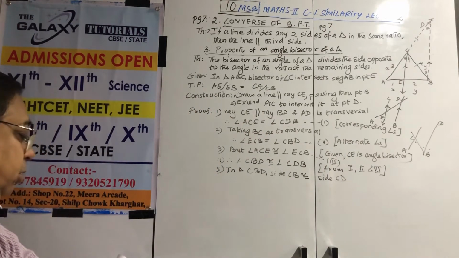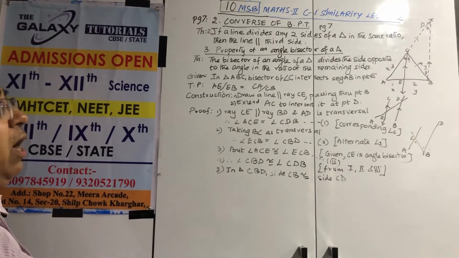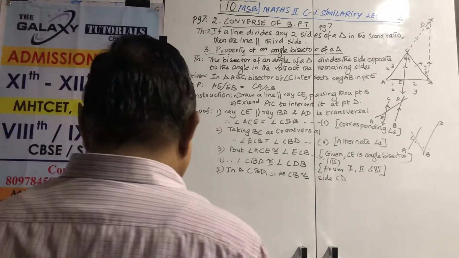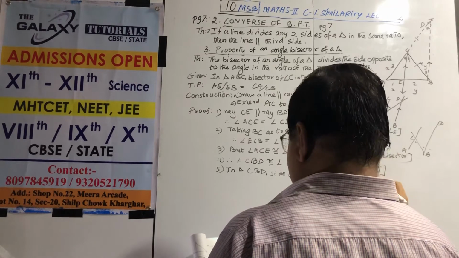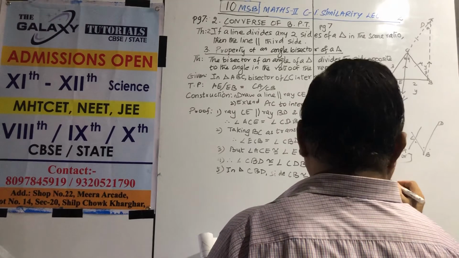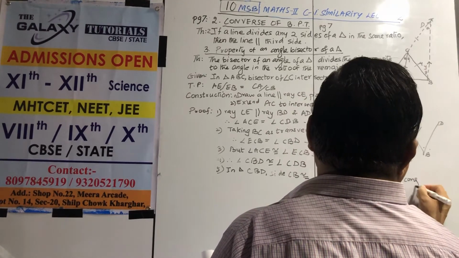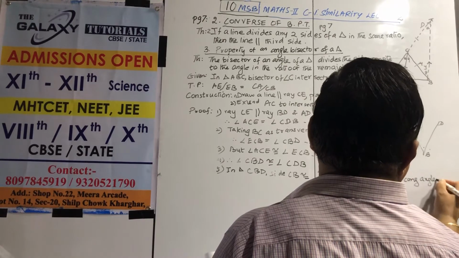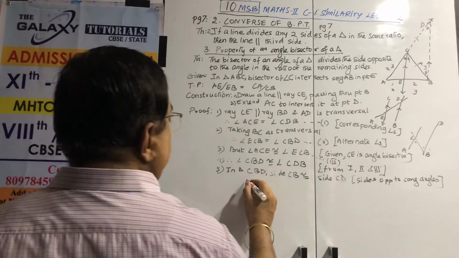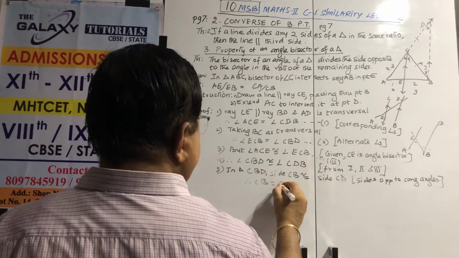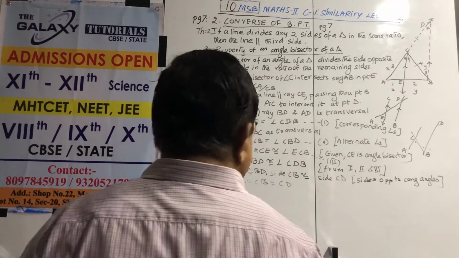And also, sides opposite to congruent angles are congruent. So I will write that instead, sides opposite to congruent angles. Therefore, CB is equal to CD. This is number 4.